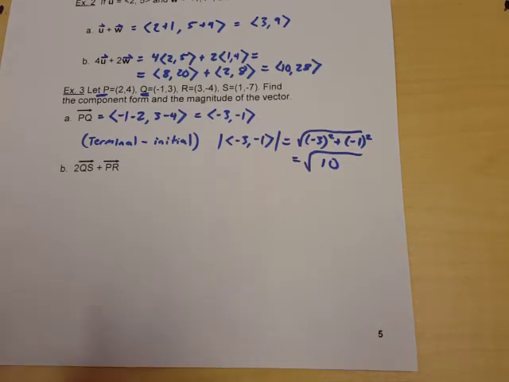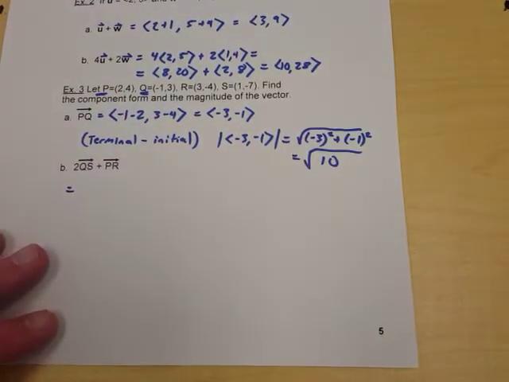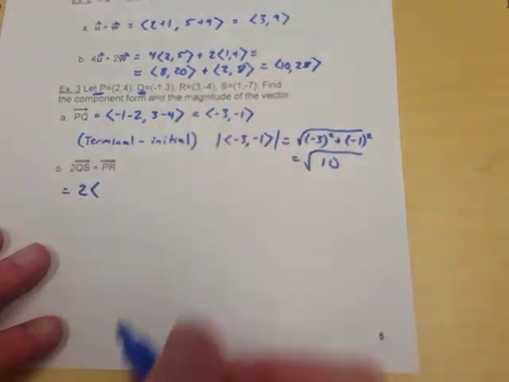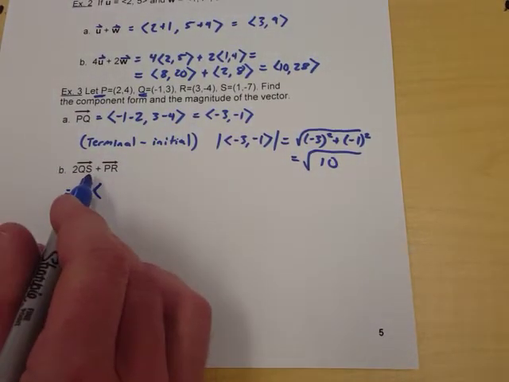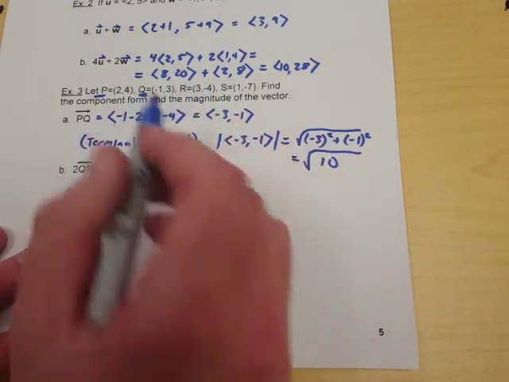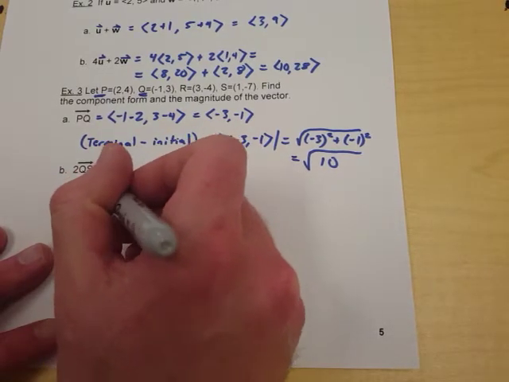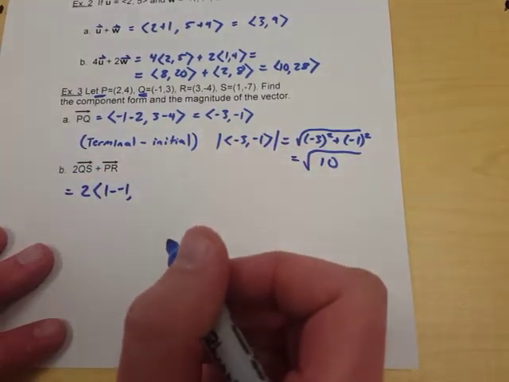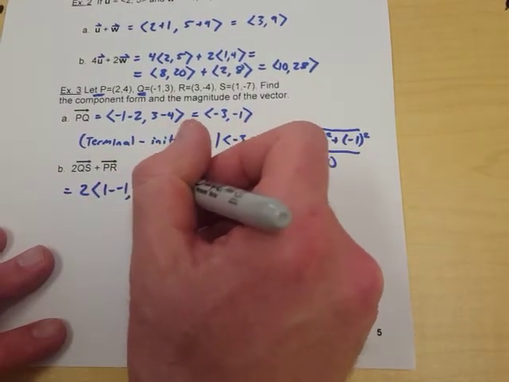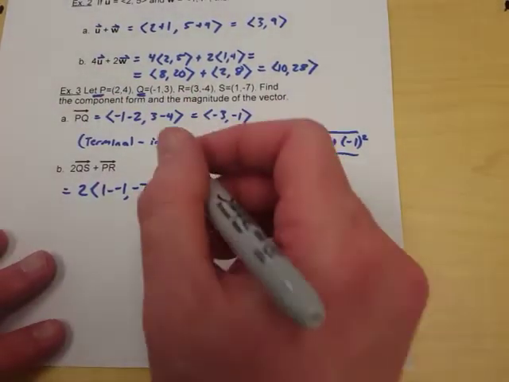Once you get into this next one, though, it's a little more complicated. I'm going to quickly run through the whole thing, but remember that we have to multiply before we add together. Now QS, we're going to again do terminal minus initial, so S minus Q in this case, and that's going to look like this. It's going to be 1 minus -1 for the X, and then -7 minus 3 for the Y. I would encourage you to pause the video if you're trying to track through all these things.